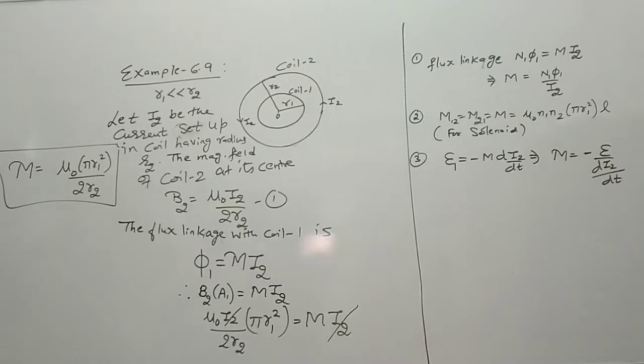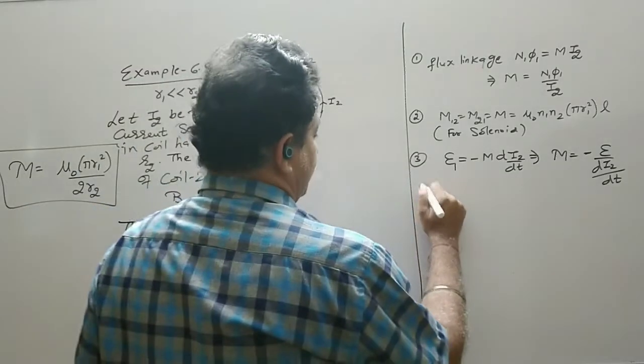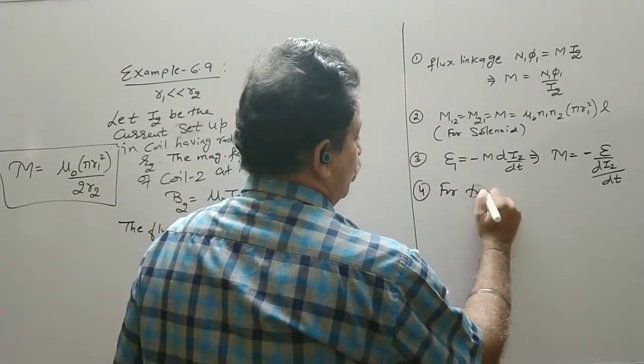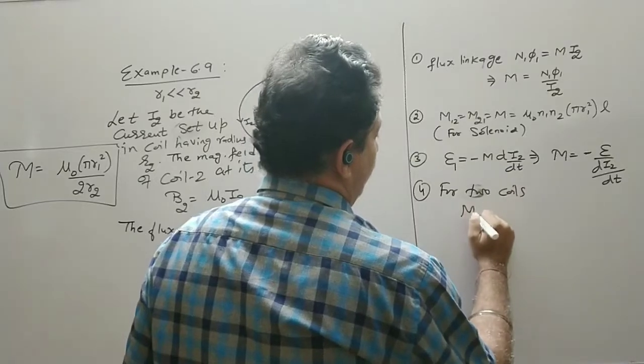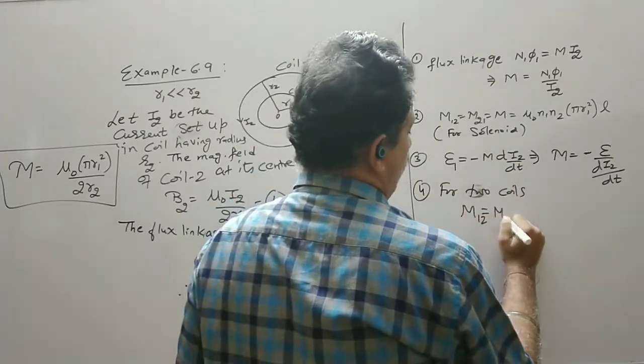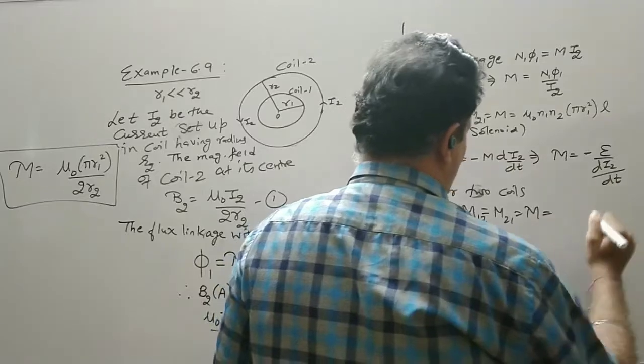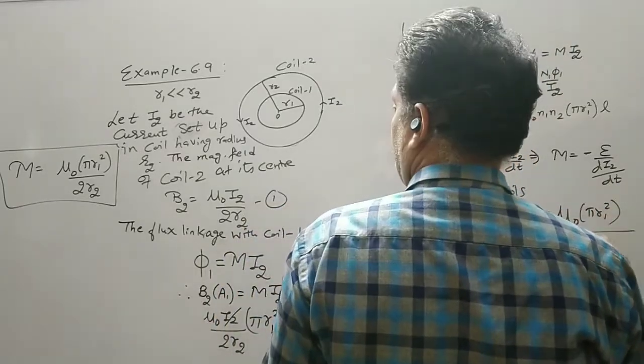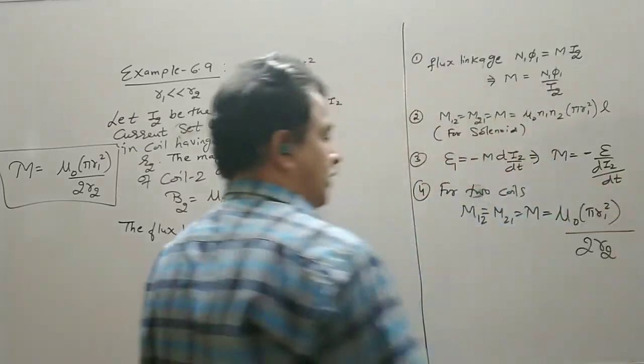So that is mu naught, the area of the inner coil, upon twice the radius of the outer coil. So you have to remember this formula for a system of two coils. So for two coils, M12 is equal to M21 is equal to M is equal to mu naught area of inner divided by twice the radius of outer.